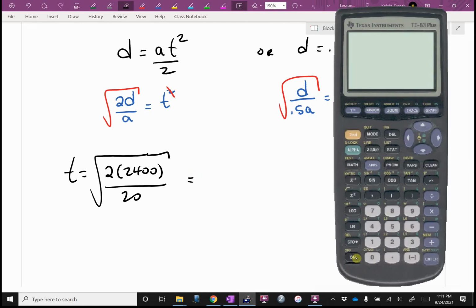I usually end up typing what's inside the square root first, divided by 20, and then I go square root answer button. Whoop, typo. Answer button. I can do some of this in my head. It's going to be 15 point something, yes?